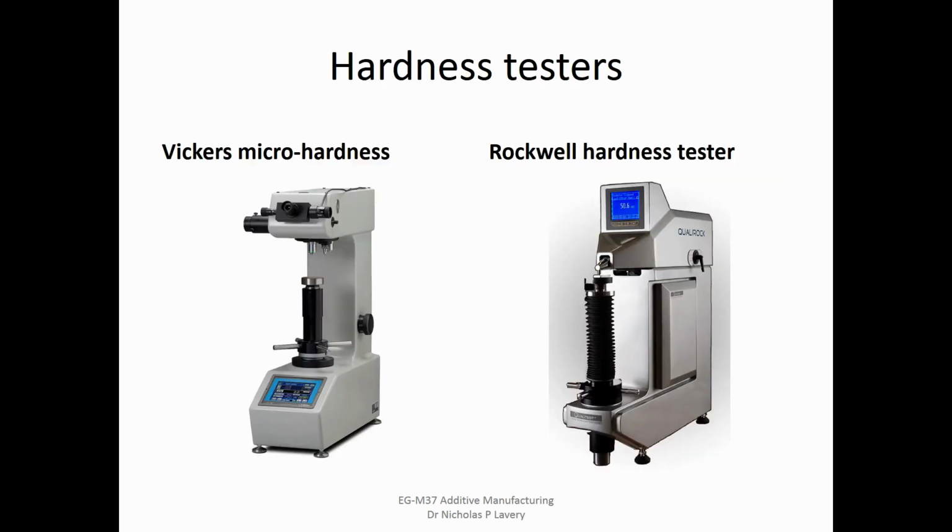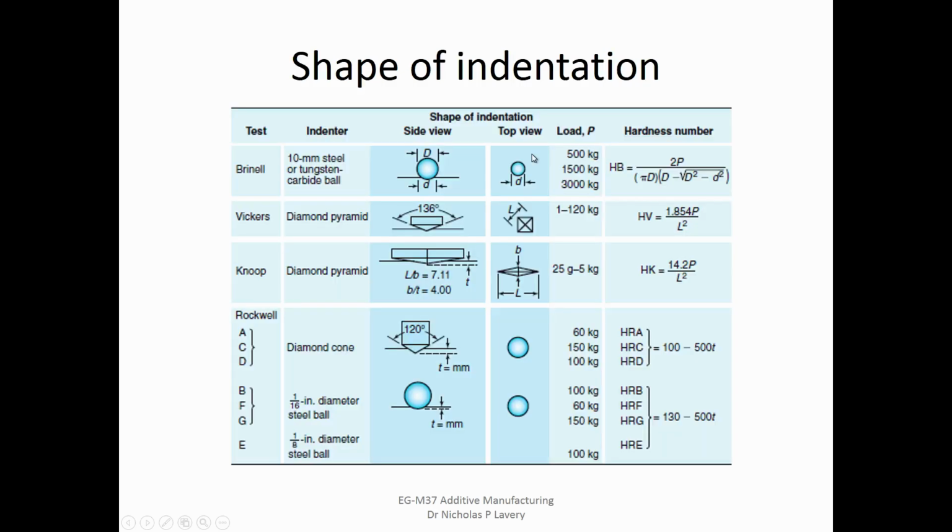Now, you may have seen some of these machines down in the metallography lab. They're for measuring hardness. Vickers and Rockwell are just different scales, and the whole idea behind that is you drop a loaded, very sharp pointed object, a spike, into the material, and it measures the indent, how deep it goes, and also how it comes off at the sides.